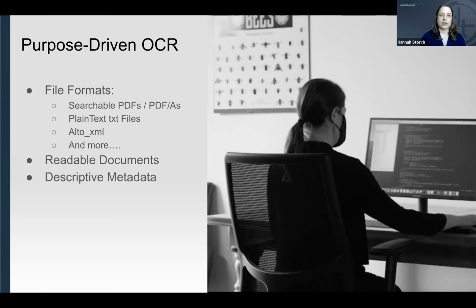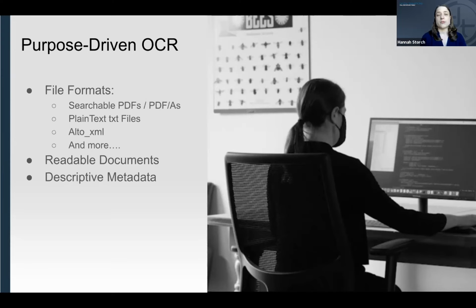There's also the option of many other formats, including an Alto XML file, which is kind of a combination of the two in that it's an extracted transcription record that also provides information of where the text came from on the page, although you don't see it over the actual digital file. When you're determining file format, it's also important to take into consideration your data management or content management software system and what makes sense long-term for your institution.